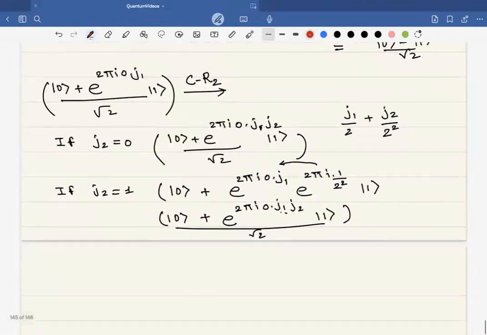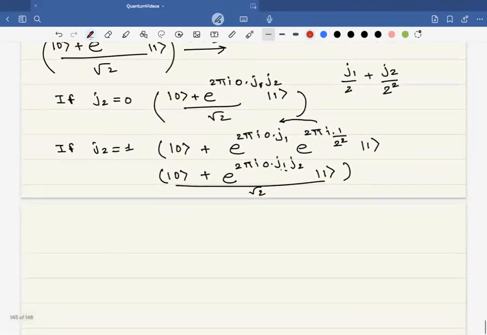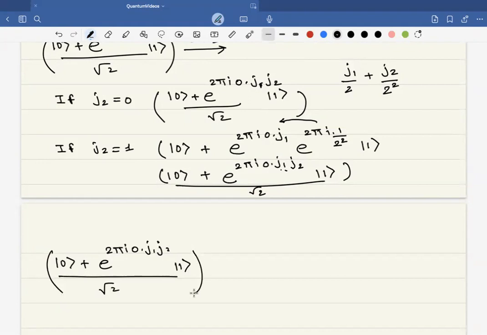Now if we have ket 0 plus e to the 2 pi I 0.j1 j2 ket 1 over square root of 2, and then we have a control R3 gate, and the control is via the J3 bit, right?